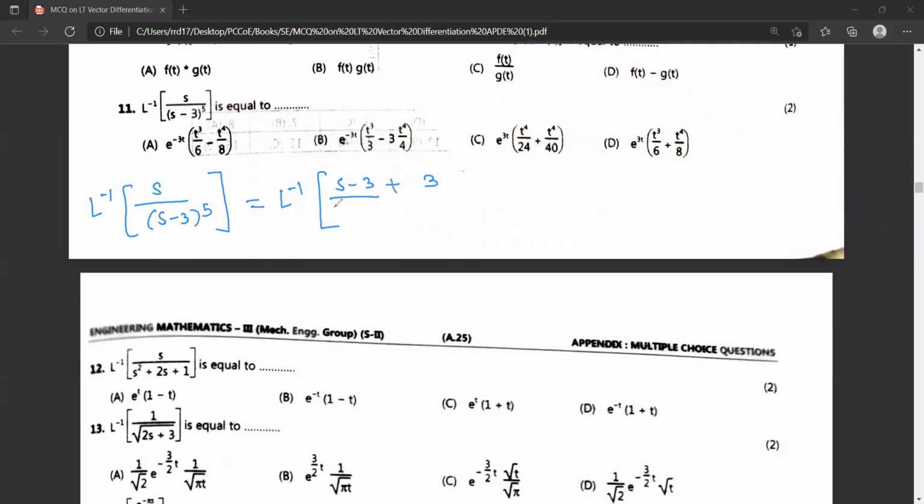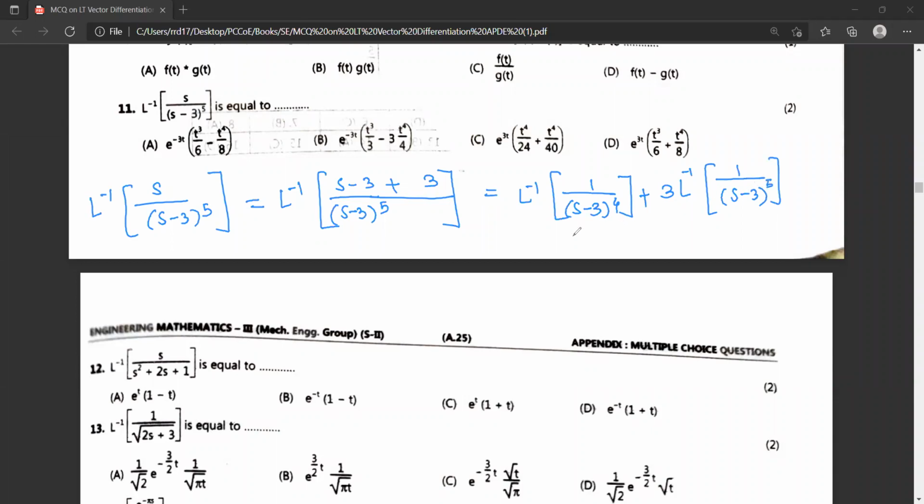It is not in standard form, so we need to do some adjustment. So I'll be getting L inverse of 1 upon s minus 3 raised to 4, plus 3 I can take outside, L inverse of again 1 upon s minus 3 raised to 5.